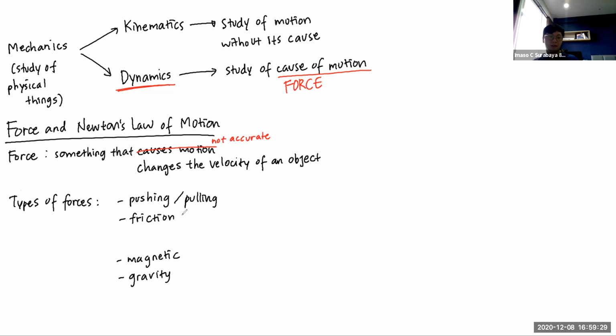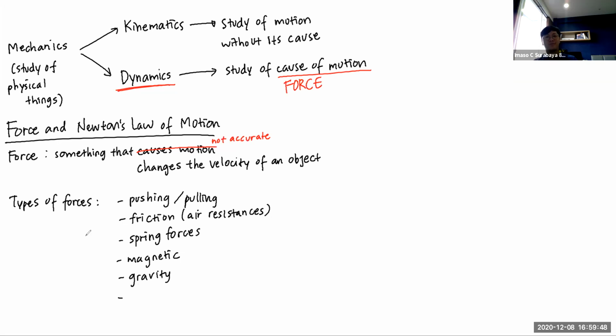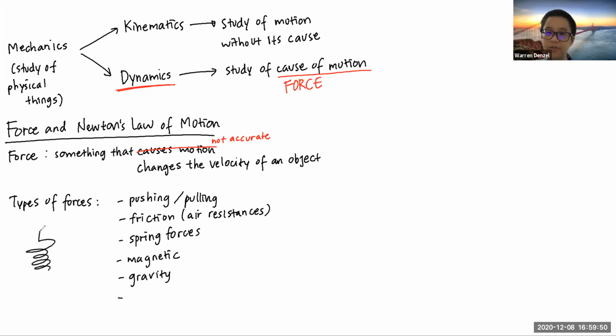So friction including air resistance, yes. That is also friction. What else? Spring forces. Yeah, spring force.